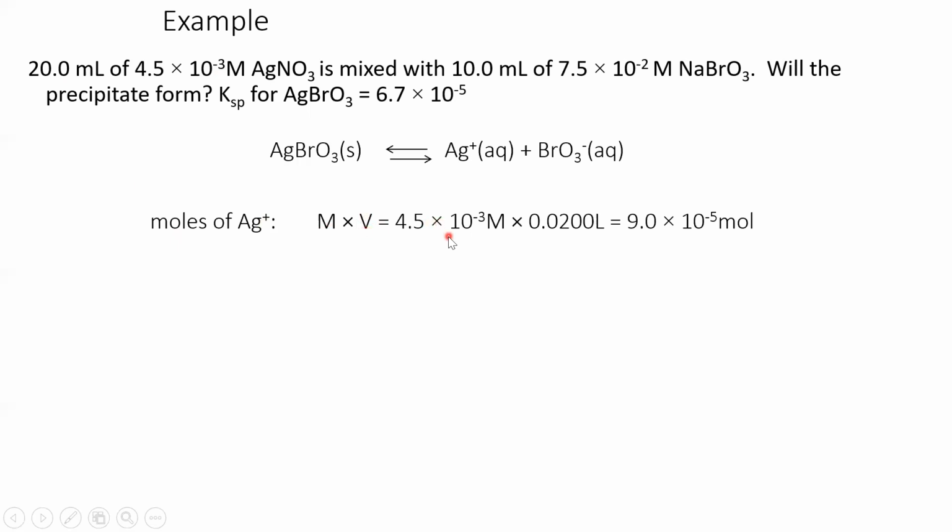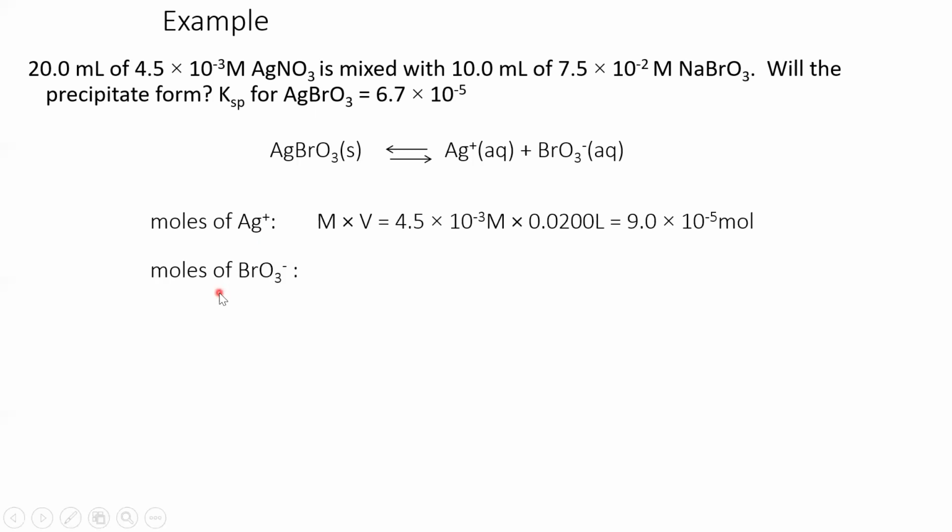So 4.5 times 10 to the minus 3 times 0.0200, we're just converting milliliters to liters, tells us that we've got 9.0 times 10 to the minus 5 moles of silver ions in the solution when our two solutions mix together.